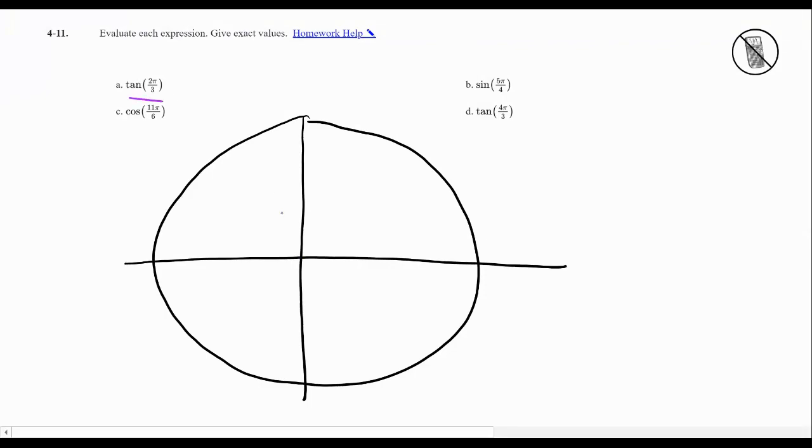So my angle here at 2 pi over 3, what you should know about this is that it gives us some coordinates where we're at negative 1/2, and then we have positive root 3 over 2.